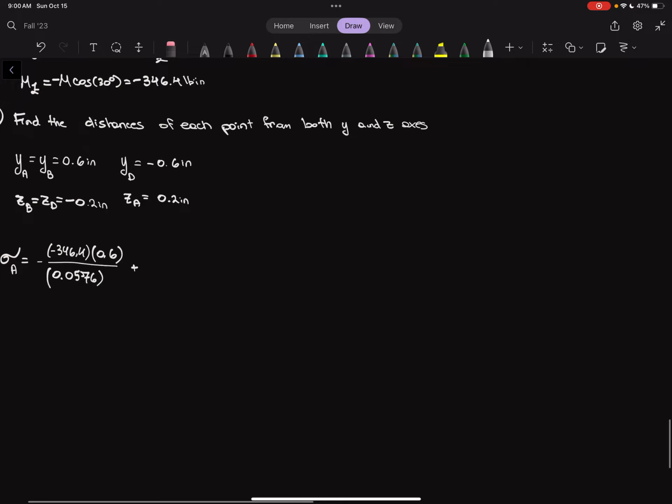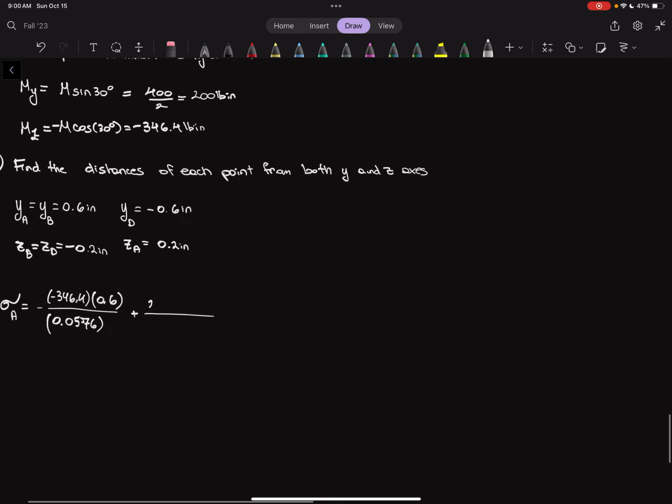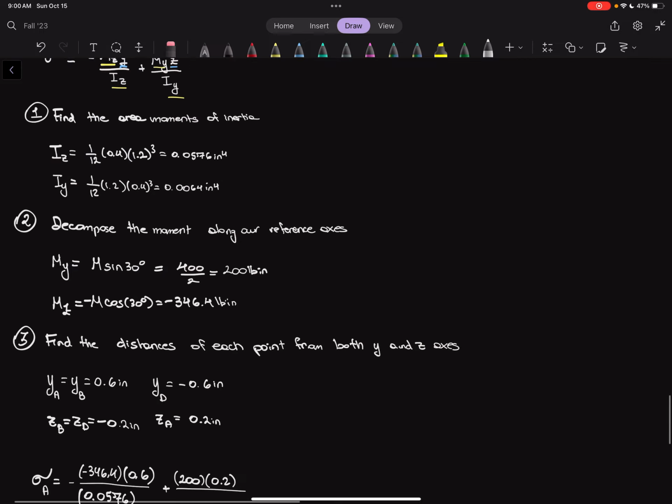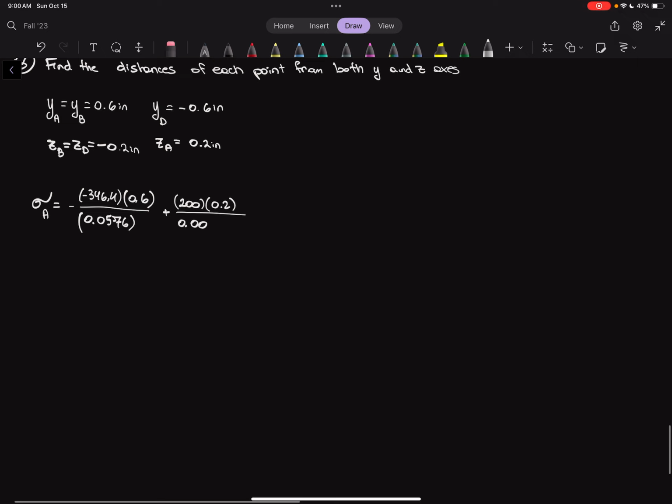But don't forget to add that second part of the formula, which is 200 times my z at A, 0.2 inches, divided by my Iy, 0.0064. So what is that going to be?